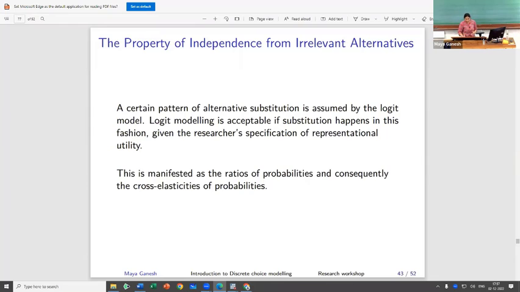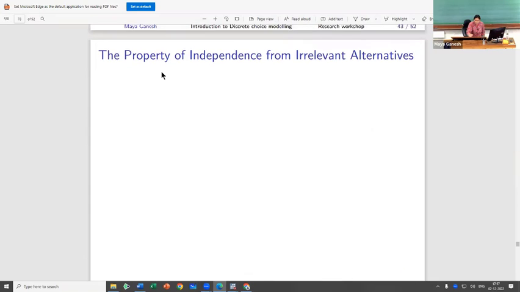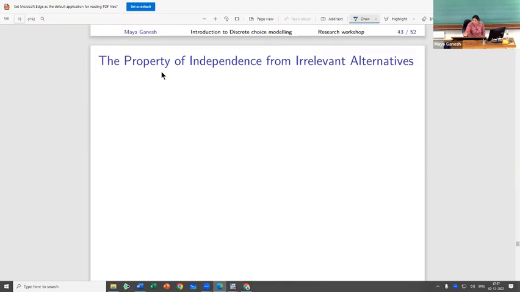This is showing you that this ratio does not depend on any alternatives other than I and K. So for any two alternatives I and K, the relative odds of choosing I over K are always the same, no matter what other alternatives are available or what the attributes of those alternatives are.